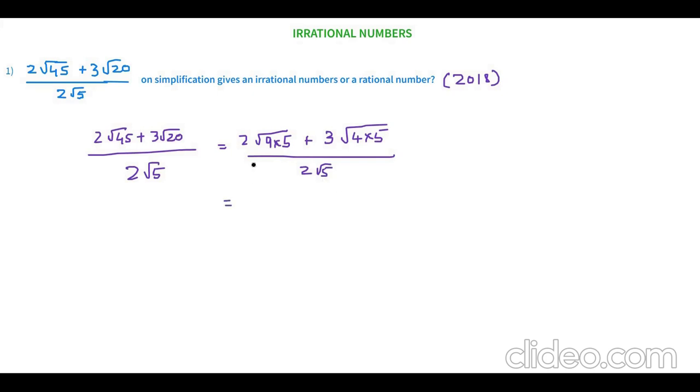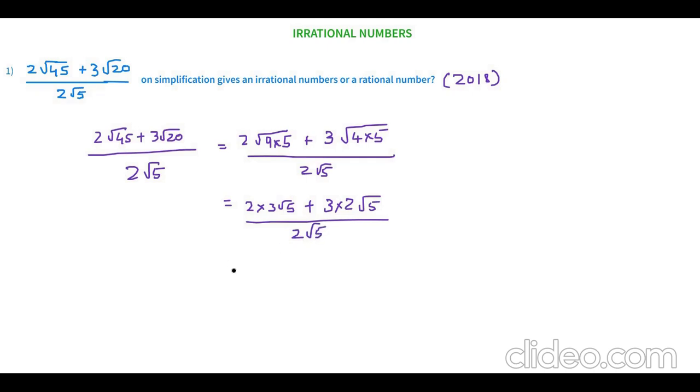So now here we have root 9. Root 9 is 3, right? So 2 times 3 root 5 plus 3 times root 4, and root 4 can be written as 2. So I will write 2 here and root 5 stays inside, divided by 2 root 5.